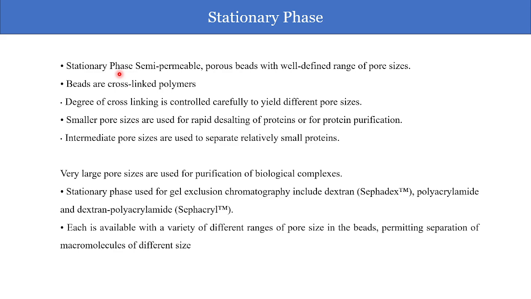Each of these is available in a variety of pore sizes in the beads to permit macromolecular separation of different sizes, and there is a vast range. So if someone is using it in their lab, it depends on what type of mixtures they want to separate, what the different types or sizes of proteins are that they want to separate out, and they use a different type of column.